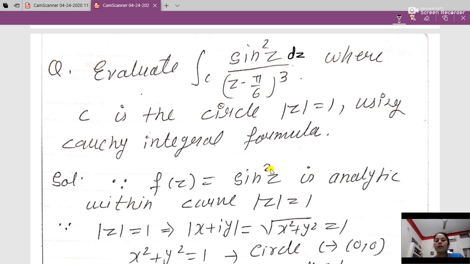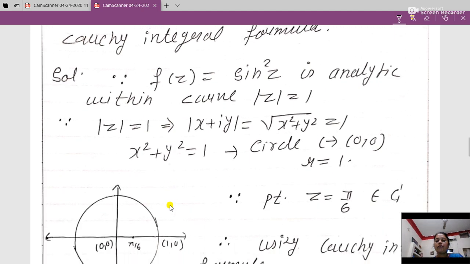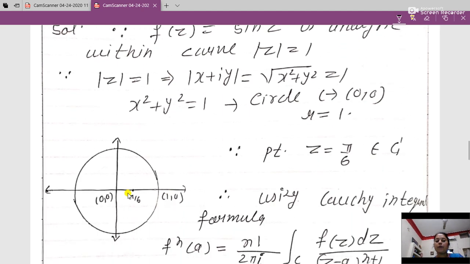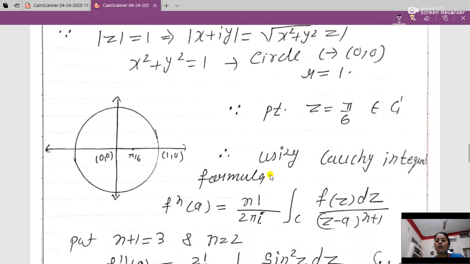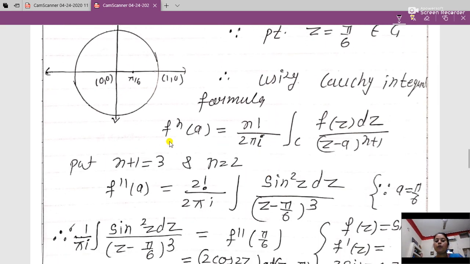So this function f(z) equal to sin²z is analytic within and on the curve |z| equal to 1. And we know that the point π/6 is inside the curve. So we can say that the point lies within the curve.